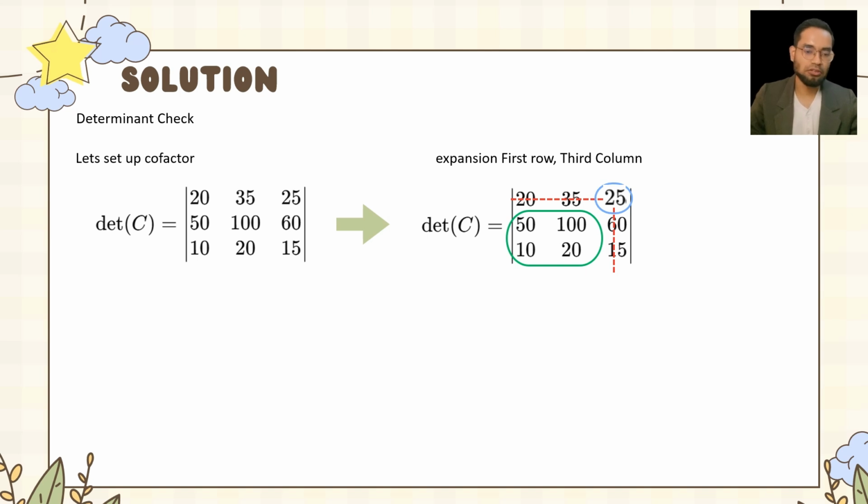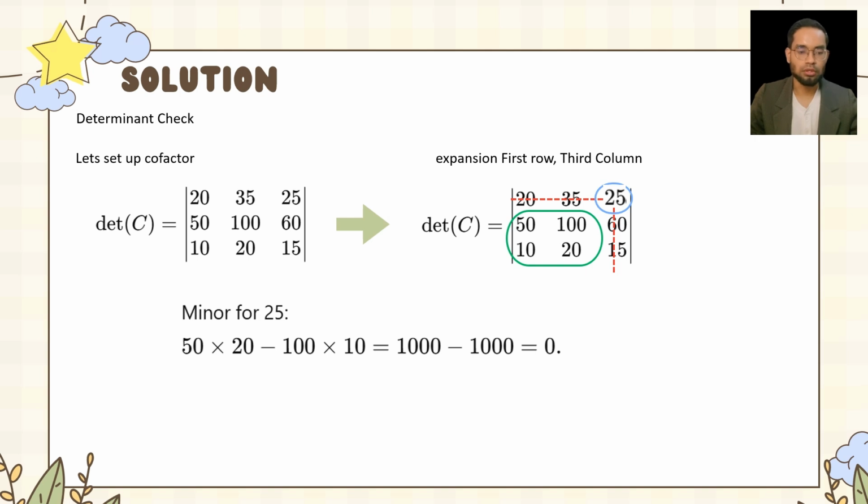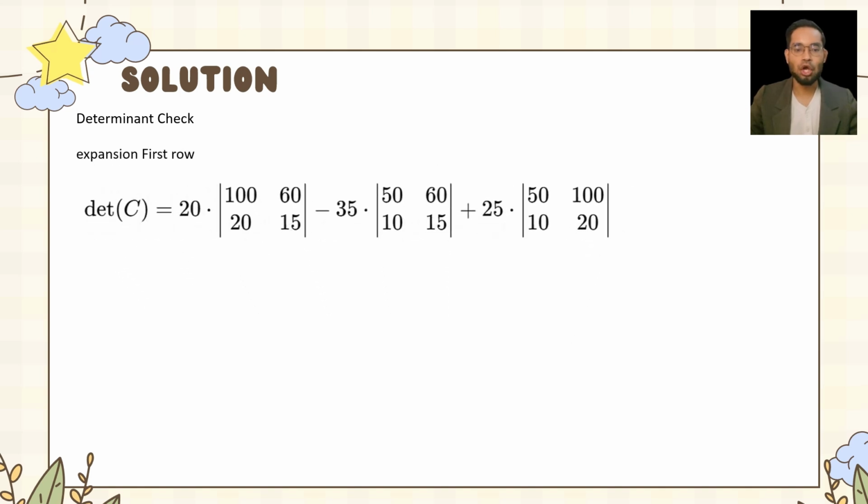For minus 25, we do the calculation as below, which is 50 times 20 minus 100 times 10, which is equal to 1000 minus 1000, and ultimately it equals 0. So now we have all the answers for every minor on the first row. Let's get into the final calculations.